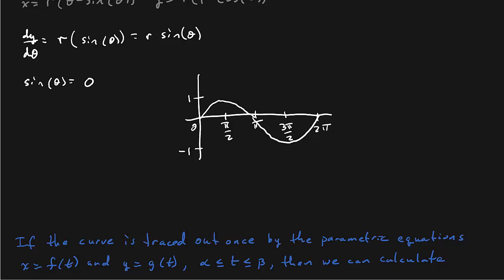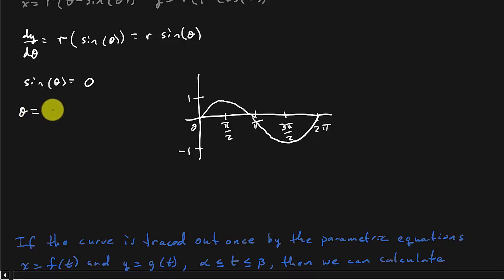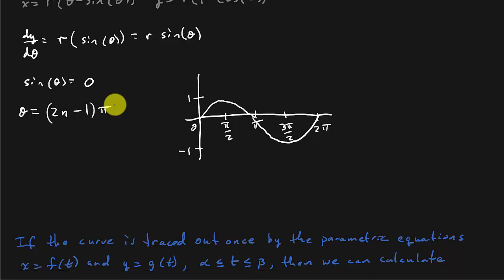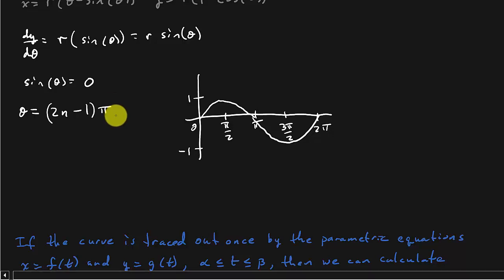But this is when theta is equal to 2n minus 1 times pi, and n is an integer.